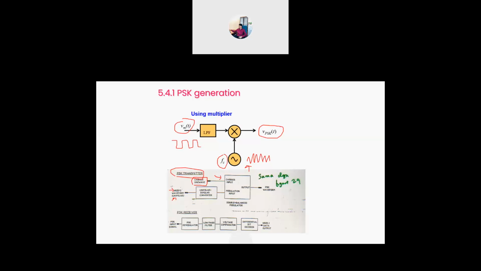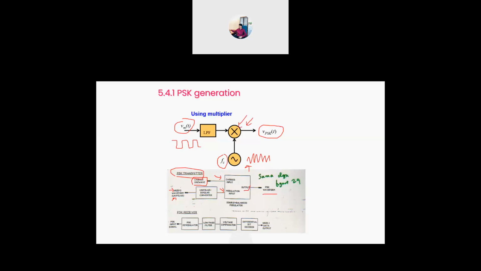So for example, from 5 and 0, it will become, for example, positive 2.5 and negative 2.5, because we just convert from unipolar to bipolar. Then this goes in as the modulation input, so this is actually our information signal or modulating signal, and they will be mixed here. Then we have the output here.